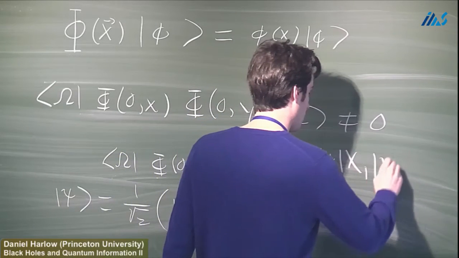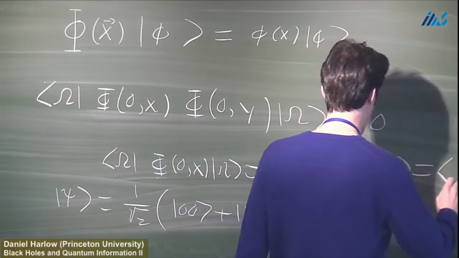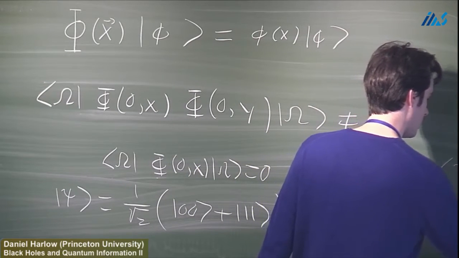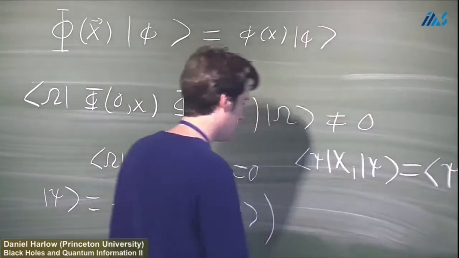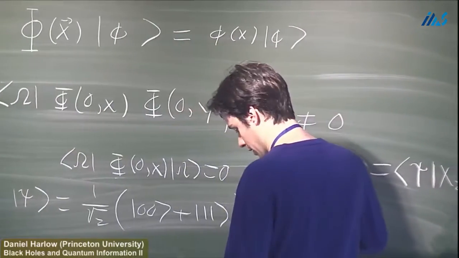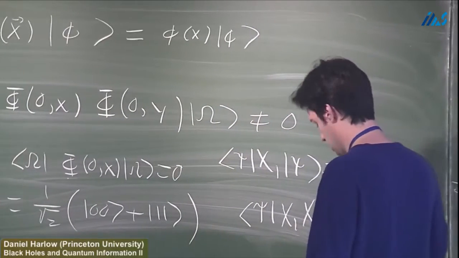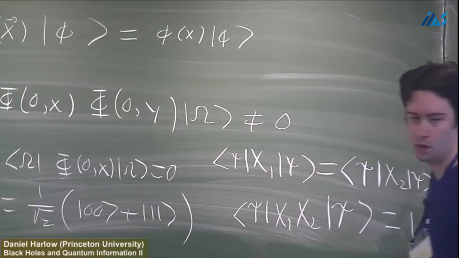If you look at the one-point functions, those are 0. But if you look at a two-point function, like say x1 x2, that's 1.